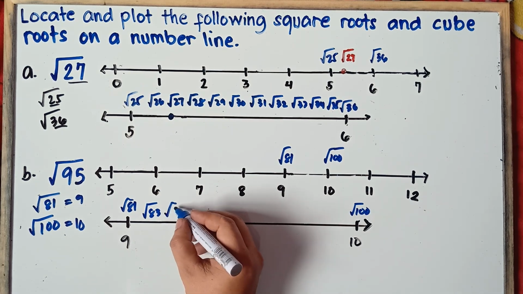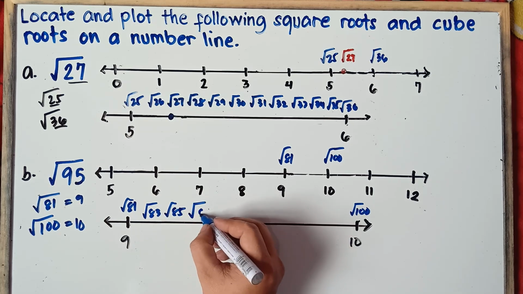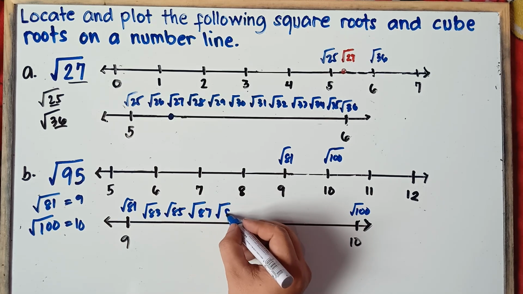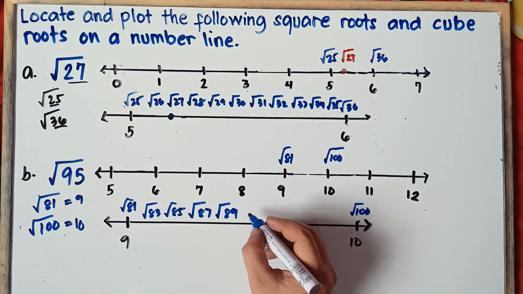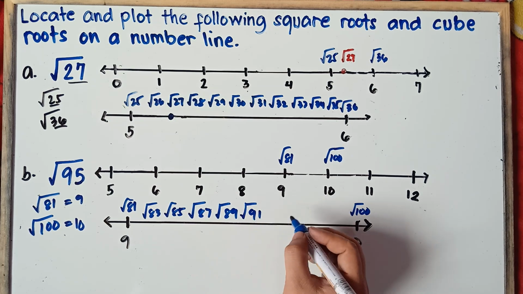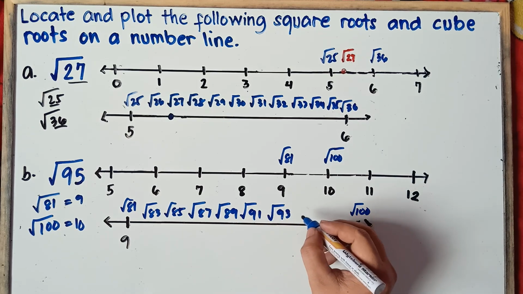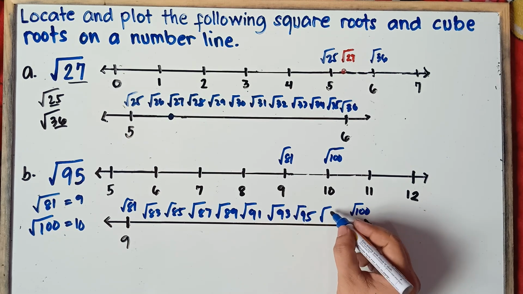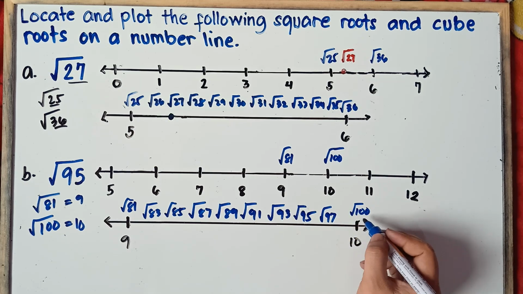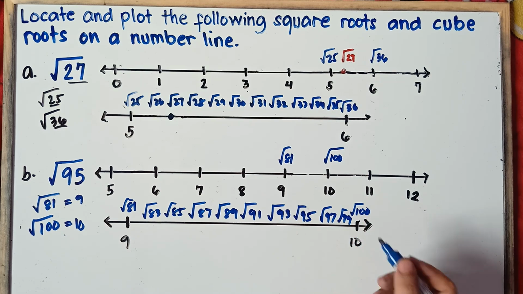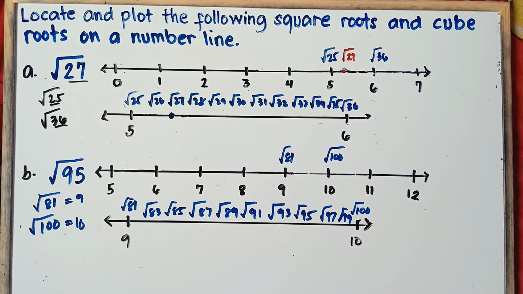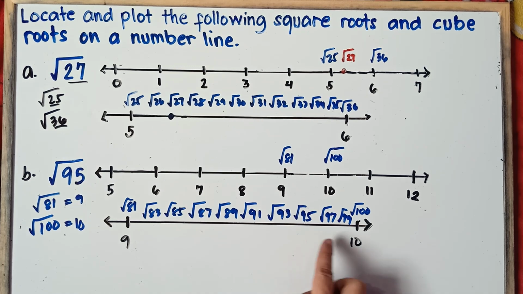Square root of 83, square root of 85, square root of 87, square root of 89, square root of 91, square root of 93, 93 plus 2 is 95, square root of 97, and then square root of 99, and then 100. So therefore, 95 is near 10.